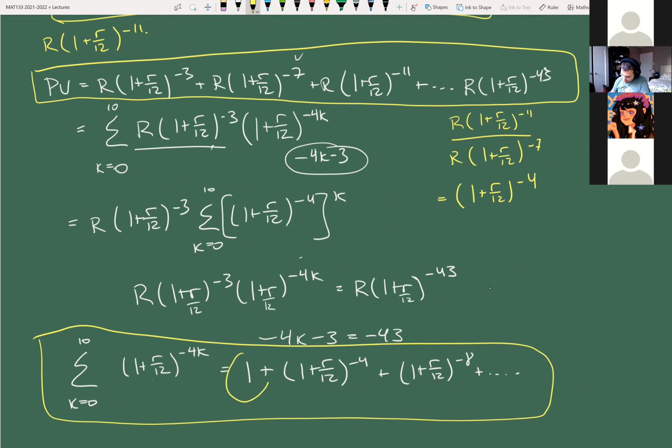Even if you look at that first term, you'll notice you don't want it to start with a 1. You actually want it to start with r times 1 plus r over 12 to the power of negative 3. That's where the 1 plus r over 12 to the negative 3 comes in, right? That's me including that in the first term.